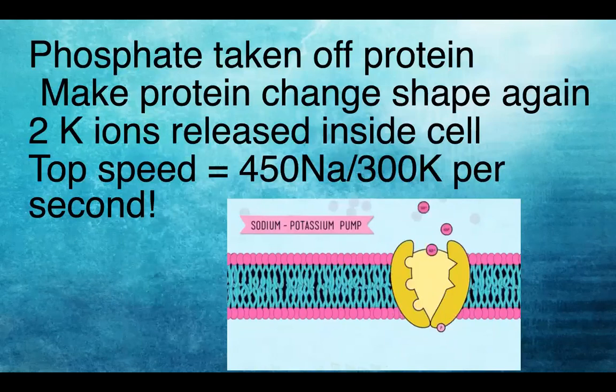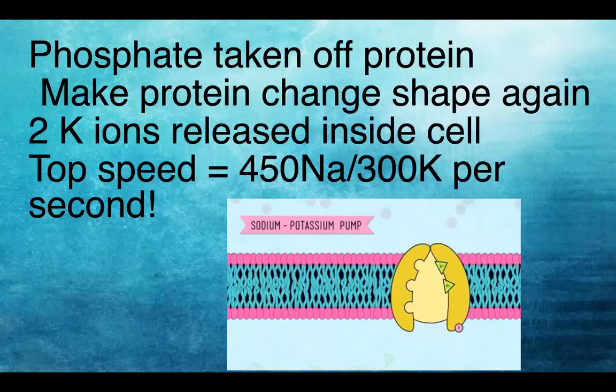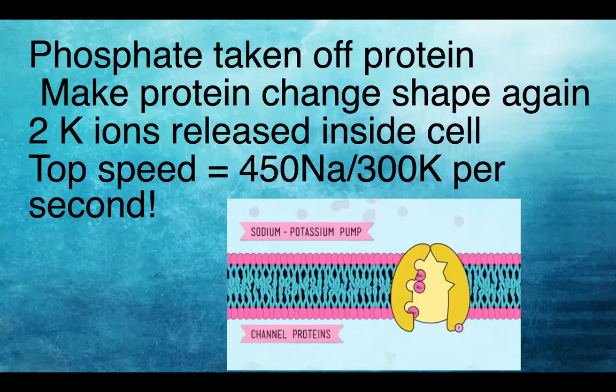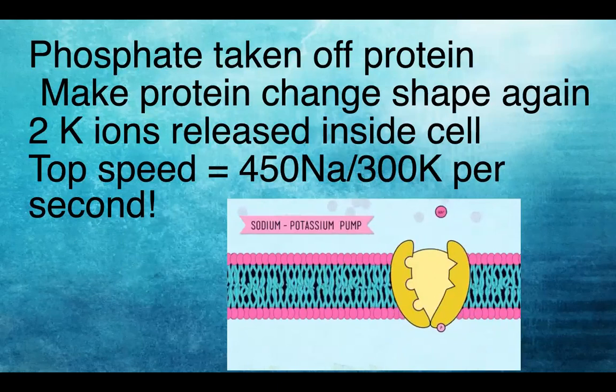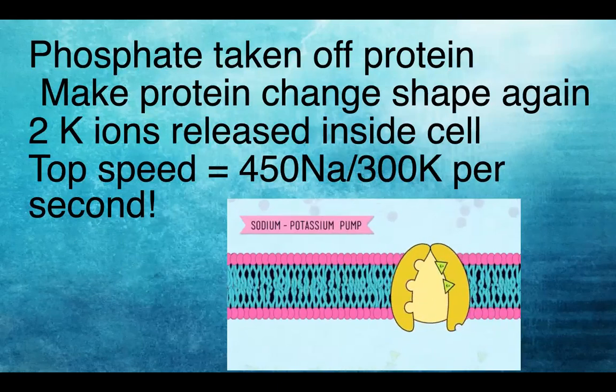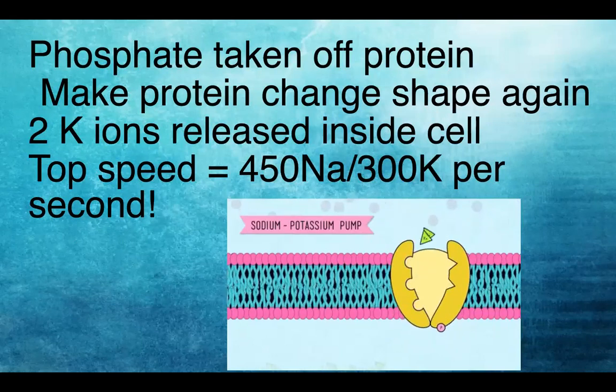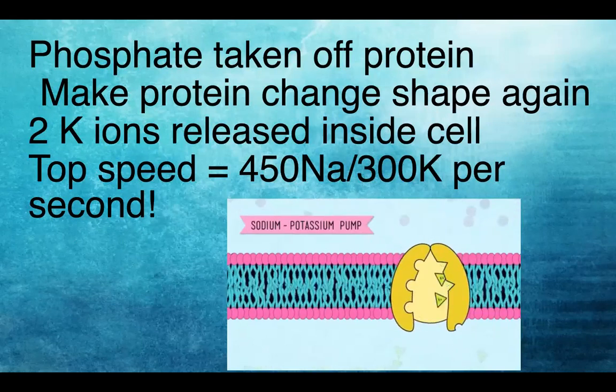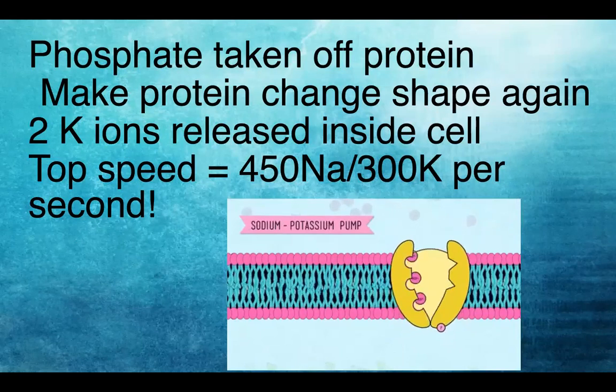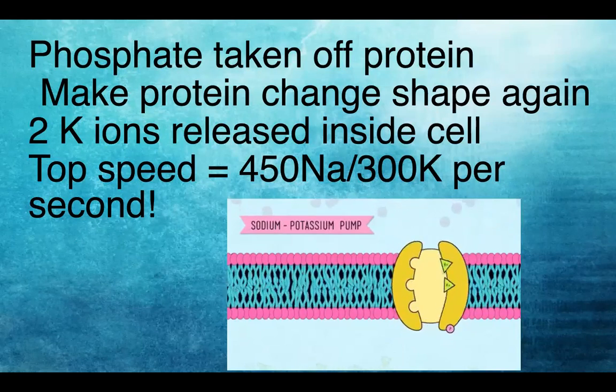The max speed of this pump is basically 150 cycles per second. So imagine seeing what's happening here. That happens 150 times per second. So every second you're pumping out 450 sodium and 300 potassium in.